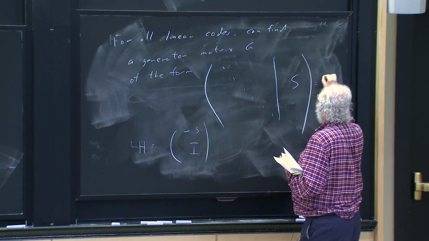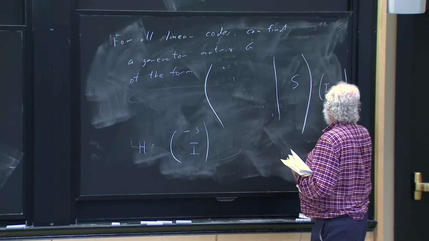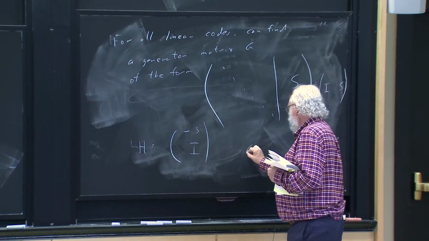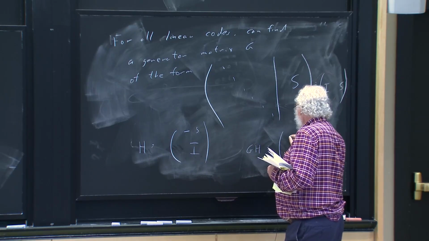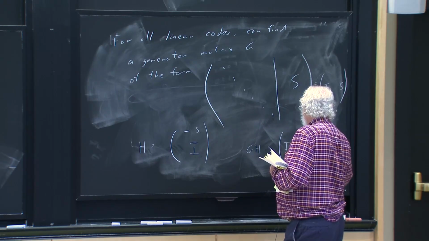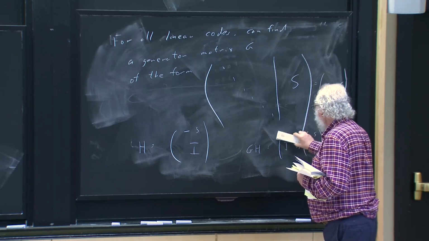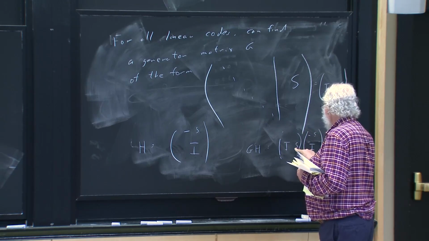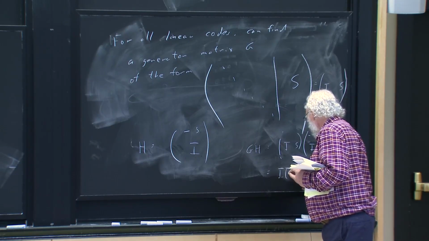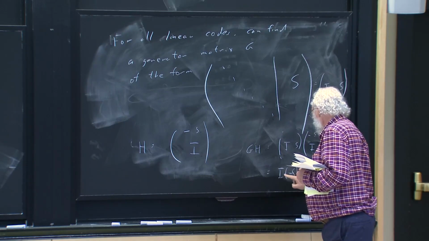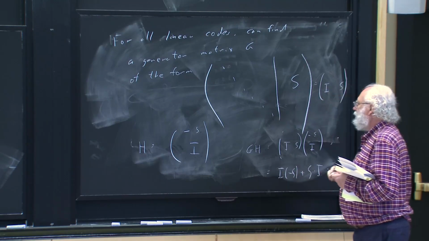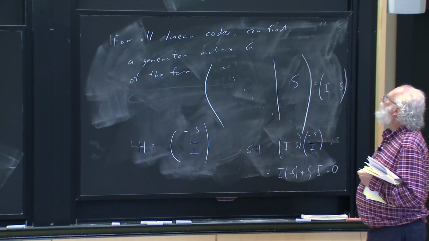And G equals I, S. And note, this I is a different size identity matrix than this I. But anyway, GH is equal to I, S times minus S, I. And when you do matrix multiplication here, you get I times minus S plus S times I equals 0.